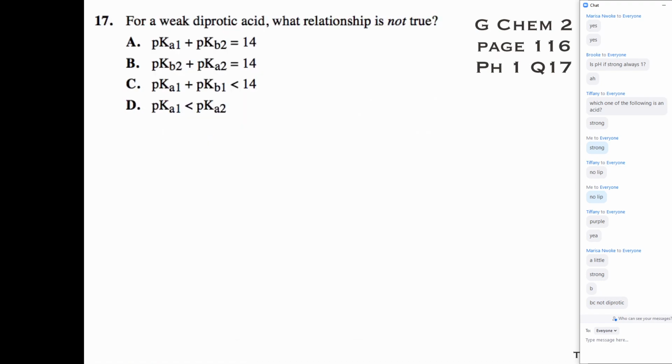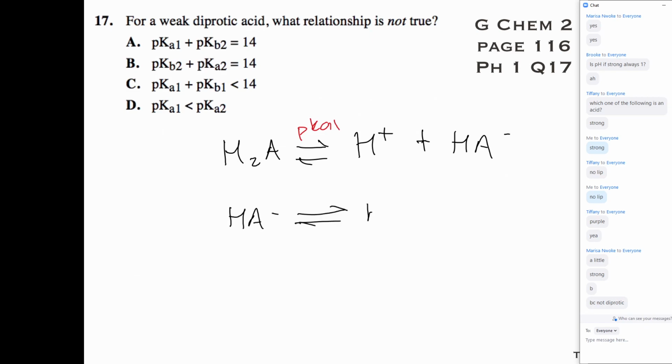Which is not true. So for a diprotic acid, you have 2 protons. pK1, and then HA can protonate, pK2.